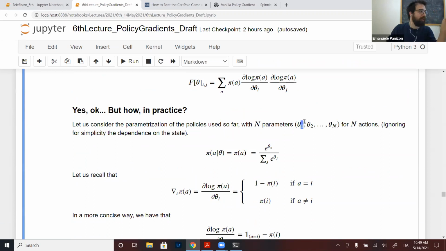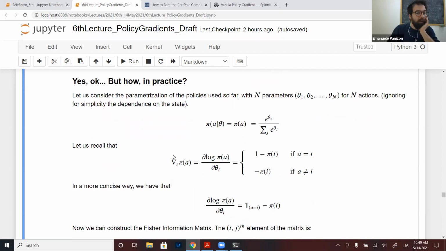Then we know that the policy of taking that action, which I will write π of a, is the exponential of the relative parameter theta divided by the sum over j, over all possible actions, of e to the theta j.